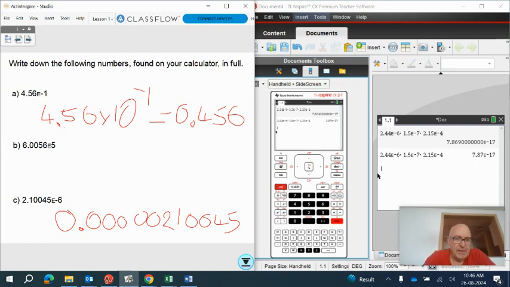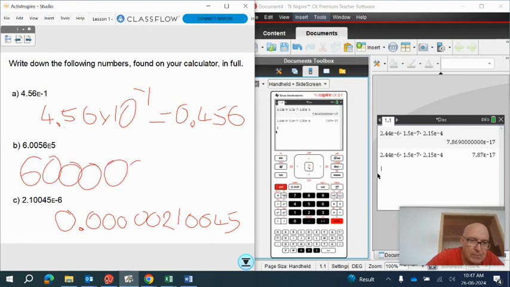In the other direction, we have a 5 there, which means we'll have 5 zeros after the 6. So this one's going to be 6, 1, 2, 3, 4, 5. And we should have 5 zeros.